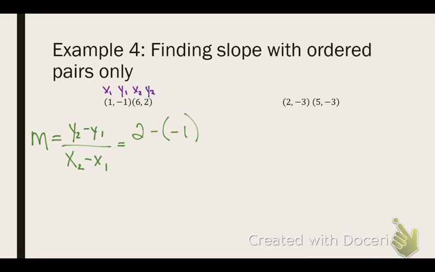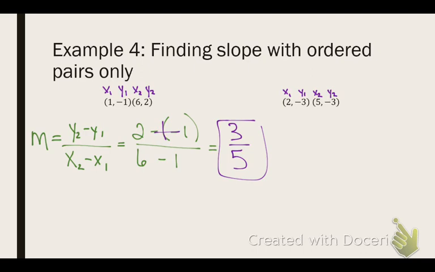Now, what's your x2 value? 6. And what's your x1 value? 1. So it's minus a +1, so it's just a -1. Again, what happens to your double negative? It becomes a positive. So 3 over 5 is your slope. 6 minus 1 is 5. Go ahead and now do the second one, and we'll be done.